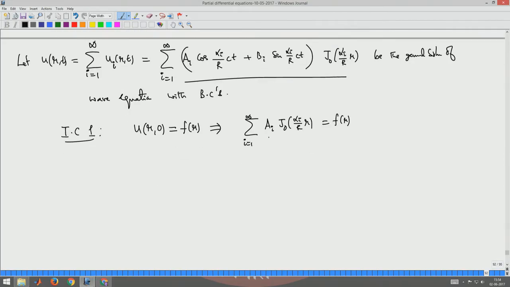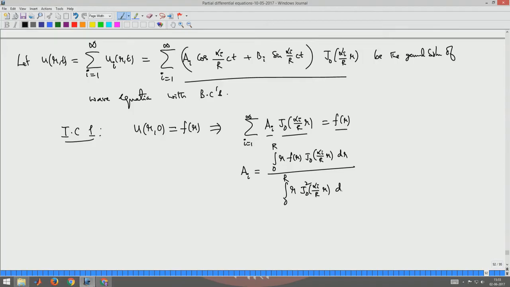Now, I can get my A I by simply using the dot product that we defined earlier. So, you integrate both sides like this. You integrate from 0 to capital R with a weight function r: r f of r times J0 of alpha I by capital R into small r dr. All these functions are real valued functions, so the bar does not matter. This is divided by the integral of r J0 of alpha I by R into r multiplied with itself, since that is what only survives in this infinite sum.